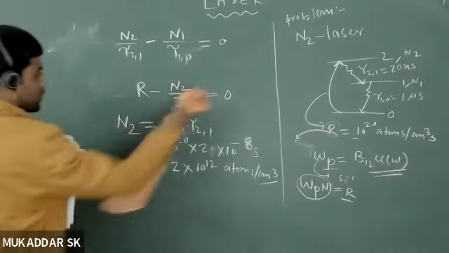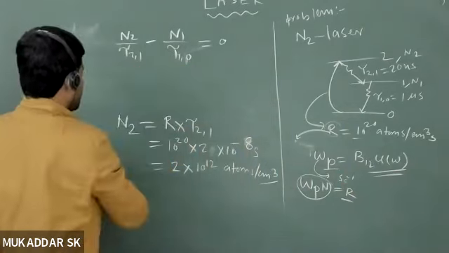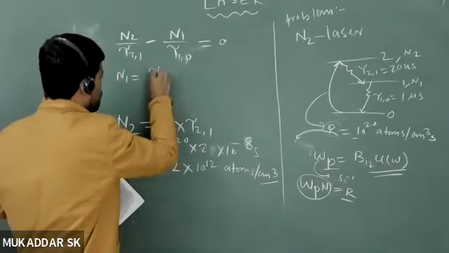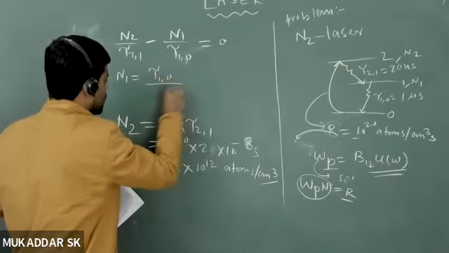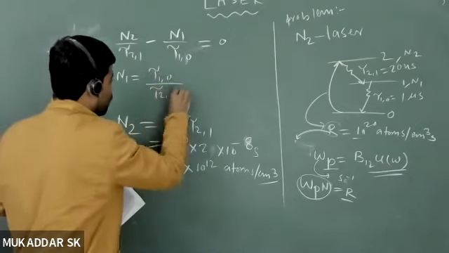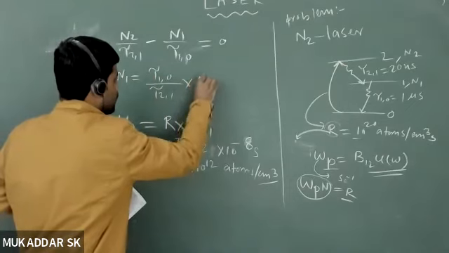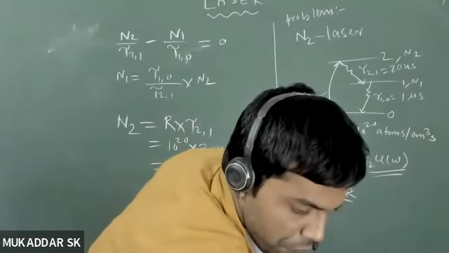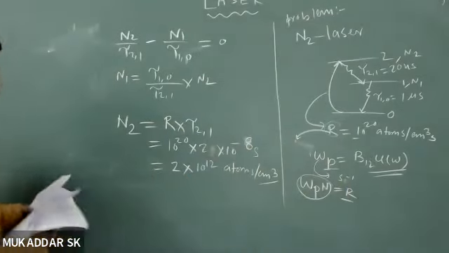Now can you please tell me how much will be that population N1? So N1 should be tau of 1-0 divided by tau of 2-1 into N2, right? And we have obtained that value of N2, right? Just I'll substitute that.